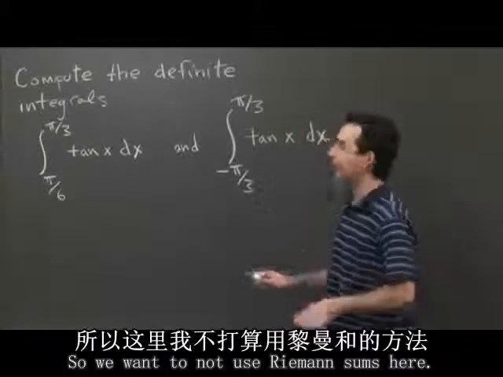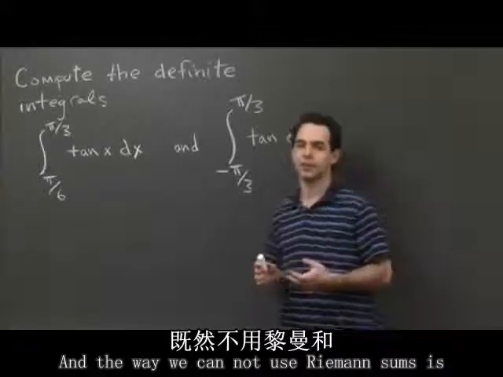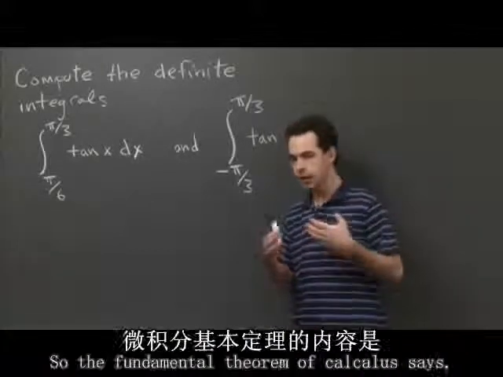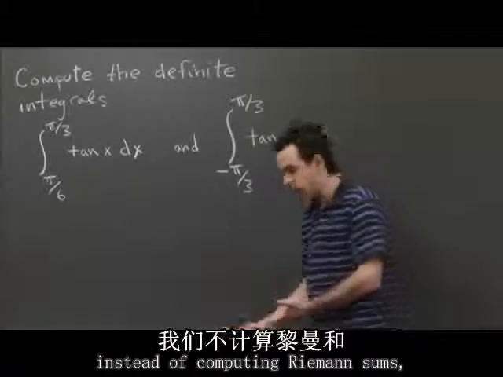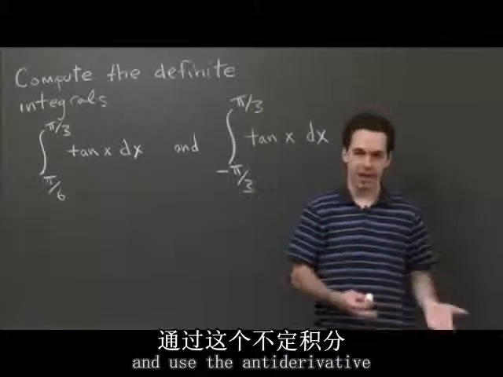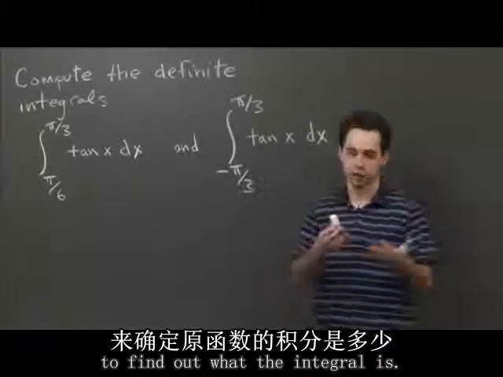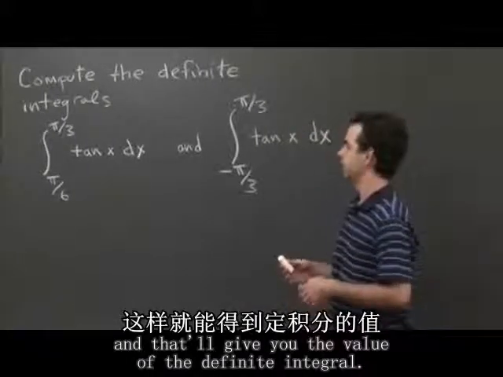So we want to not use Riemann sums here. And the way we can do that is using this great tool that we have, the fundamental theorem of calculus. It says when you have a definite integral, instead of computing Riemann sums, you can compute an antiderivative and compare two values of the antiderivative, and that'll give you the value of the definite integral.